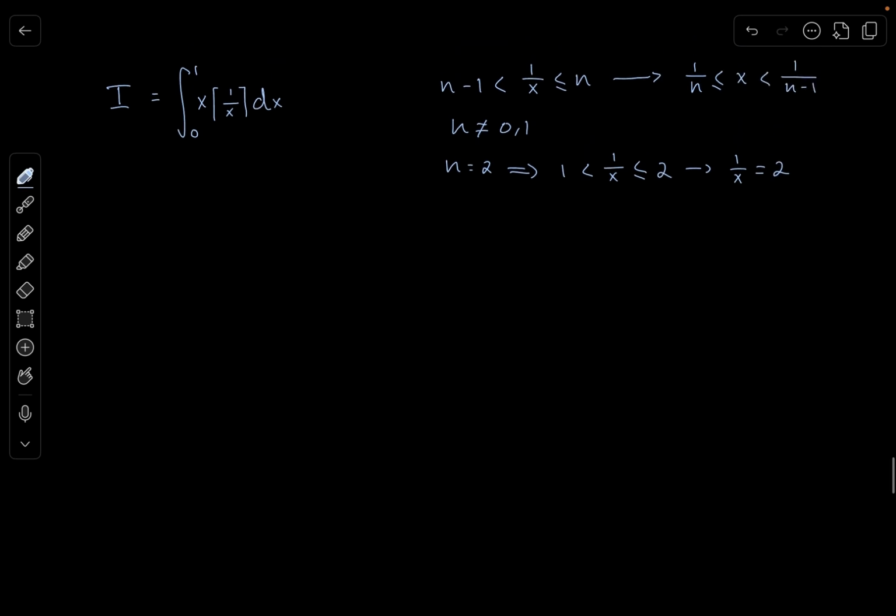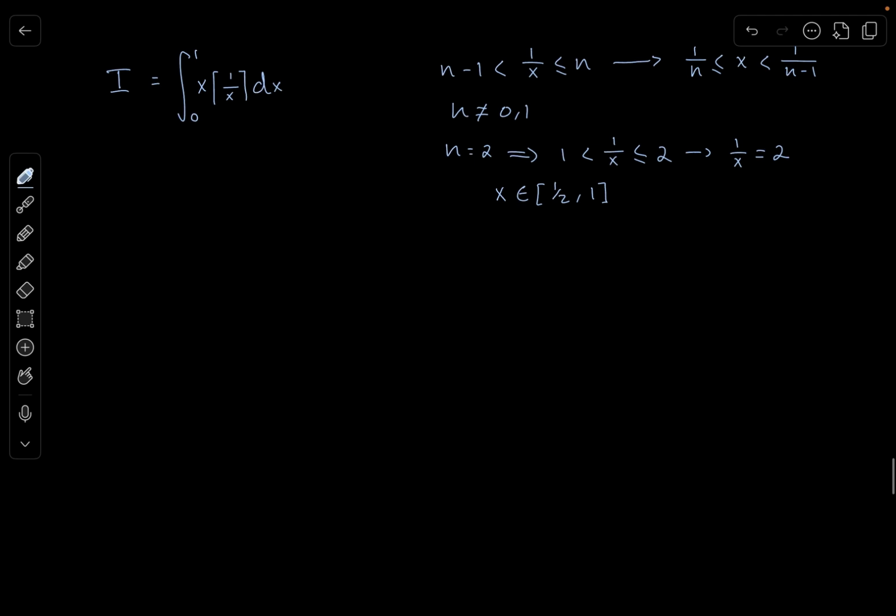And if we look at our other inequality, x is going to be in the interval 1/2 to 1. And notice how we want to integrate from 0 to 1, so this will be our first, I guess, integral bounds whenever we break up the integral.